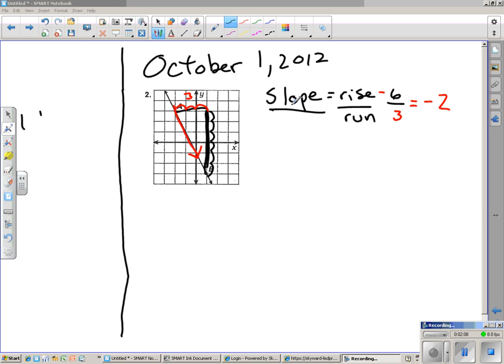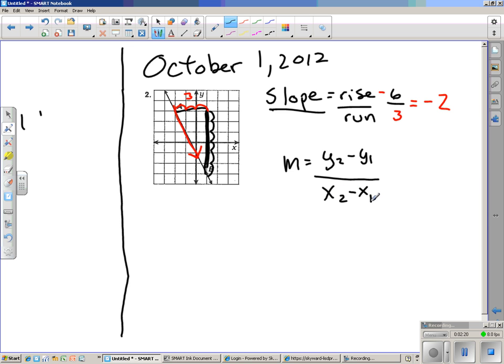You can also figure out slope using the equation m equals y2 minus y1 all over x2 minus x1. It is your choice whether you choose point A as your first coordinates or point B as your first coordinates. It doesn't matter.